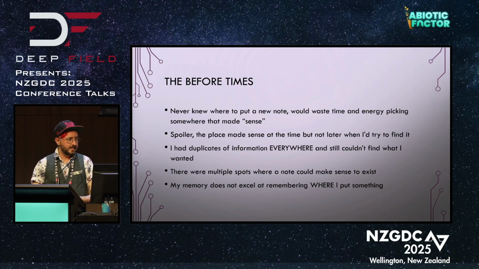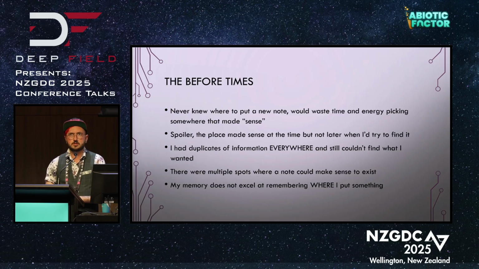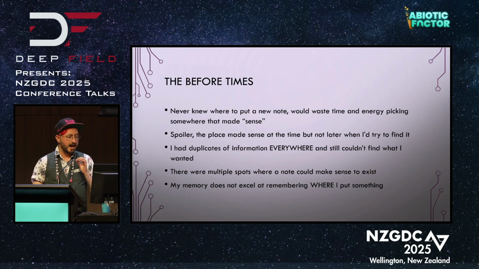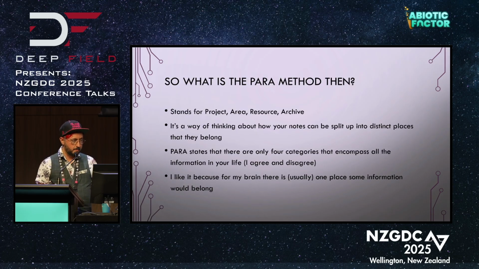So yeah, there were multiple spots where a note could make sense to fit, and my memory does not excel at remembering where I put something. I needed somewhere that always made sense. I needed a system to counter my memory. But what is the PARA method? Well, it stands for Project, Area, Resource, and Archive.